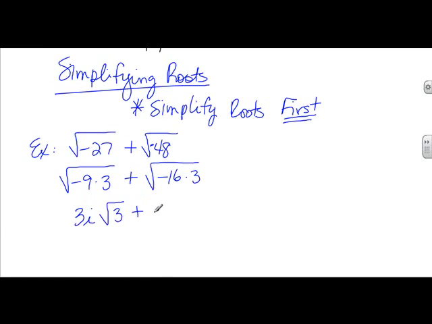The square root of negative 16 is 4i, and then the 3 stays under the square root. Now we've got like terms that we can add. 3i plus 4i is 7i times the square root of 3. Simplifying the roots first was kind of logical in this problem. There is nothing else that you could possibly do.